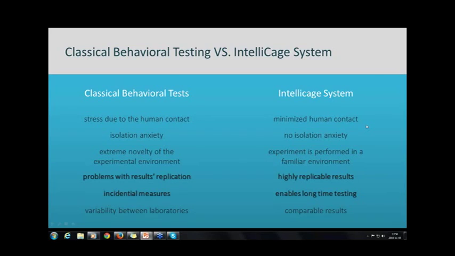I will try to show you in the next slides how behavior of mice can differ regarding the dark cycle. And last but not least, it's very important that we can get quite comparable results using the IntelliCages.